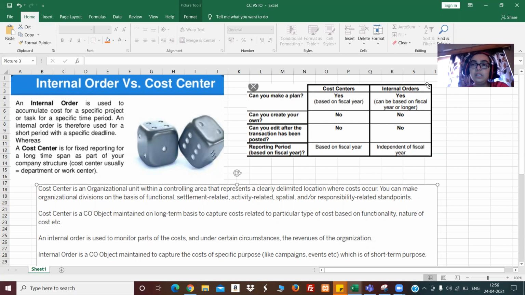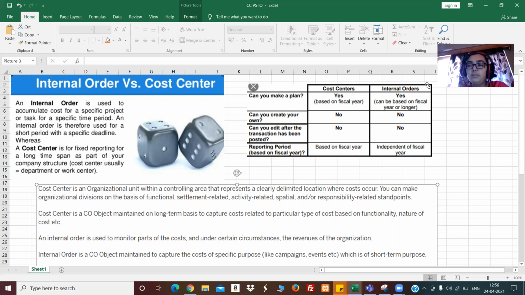A company has many expenses incurred every month, every day, and those belong to different heads. Some expenses get incurred in the accounts department, some in the manufacturing department, some in the promotional segments.